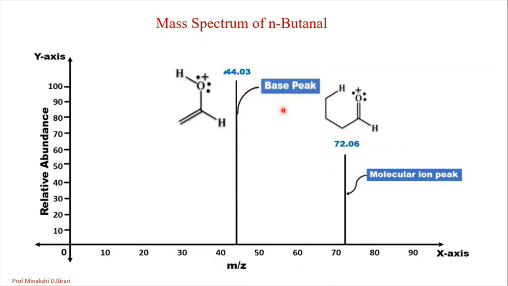So the largest and tallest peak is known as the base peak. Here we can see the molecular ion peak. In the case of butanol, we get the molecular ion peak at a mass to charge ratio of 72.06, and the base peak is observed at 44.03.